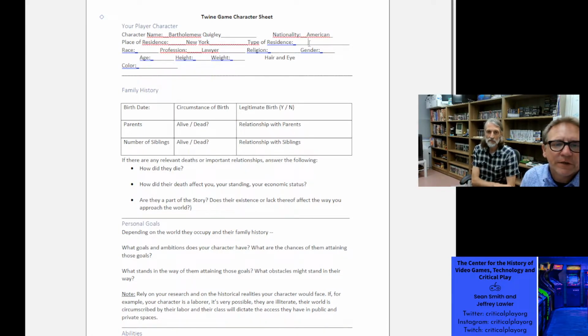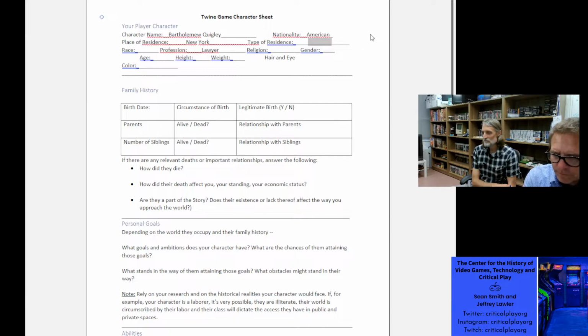So type of residence, row house, that's how I imagine it. Although he would probably be a little bit more than a row house.